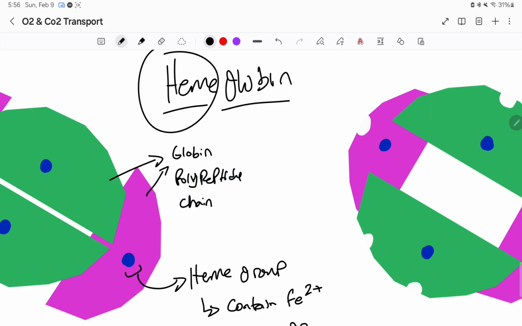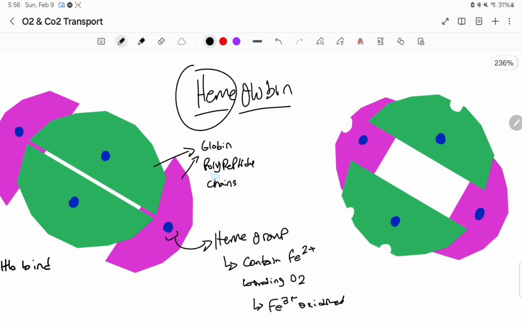Now, here's the thing. For those of you who don't know, the polypeptide is just a protein. That's it. I'm not going to get into a big explanation, but just for the sake of simplicity, it's a protein.